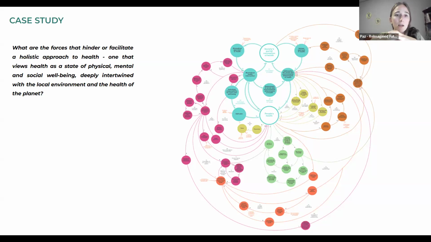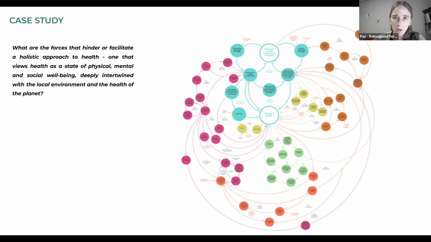And this guiding star then gets translated into this framing question that you're seeing, which is: what are the forces that hinder or facilitate a holistic approach to health? And this means one that views health as a state of physical, mental, and social well-being, deeply intertwined with the local environment and planetary health.